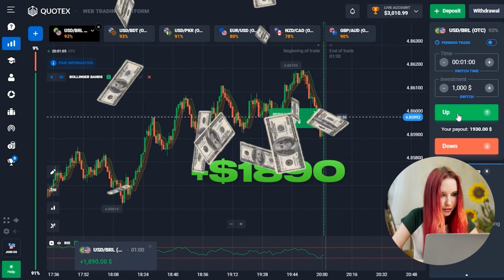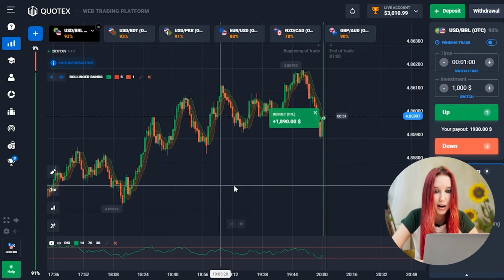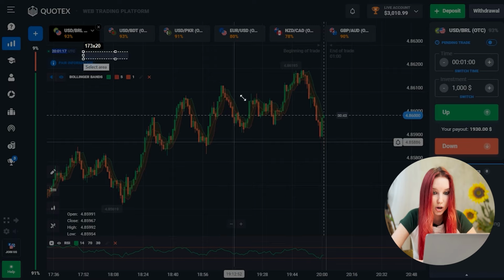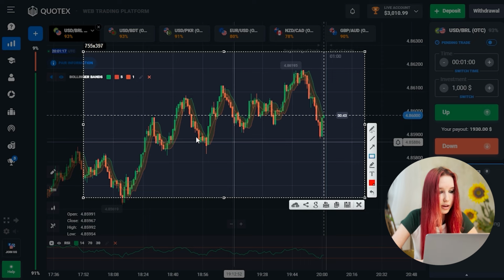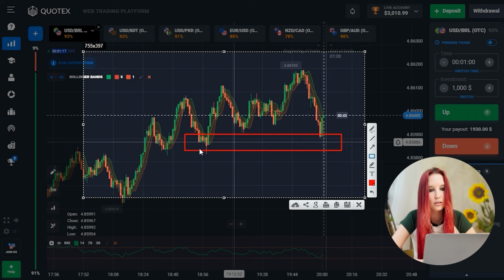Great, I'm in profit. And we also see that the RSI indicator shows that the price will rise in the near future since it has just pushed off from the 30 mark. Also, here you can note the level that the price has already reached twice and started its reversal. And let's move on to the next currency pair.